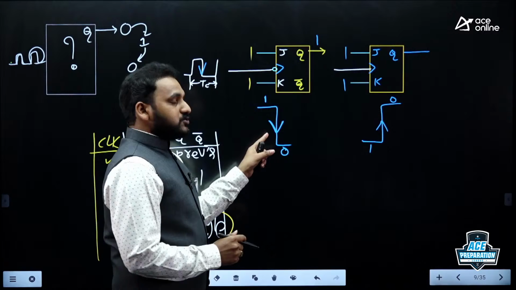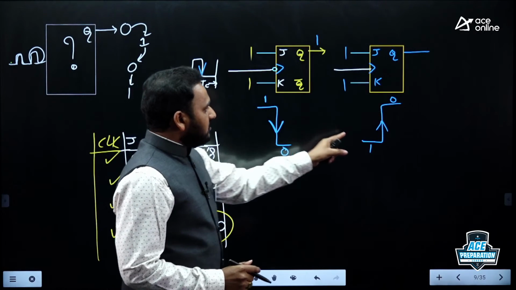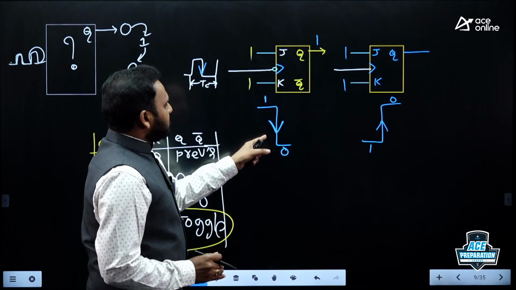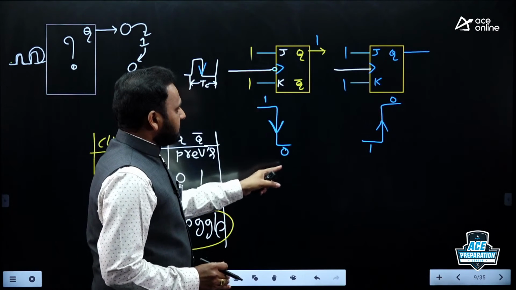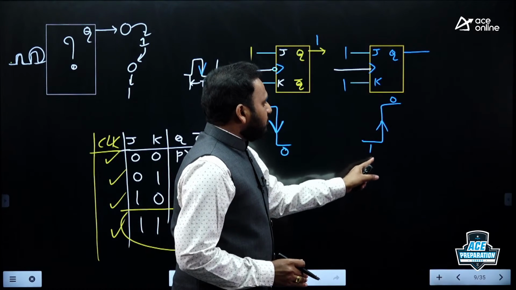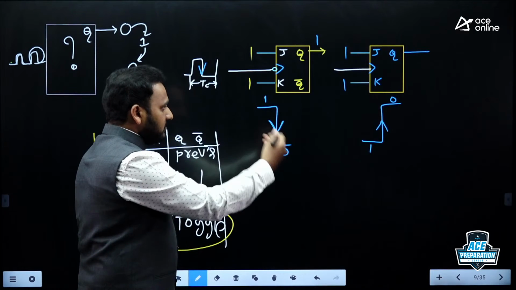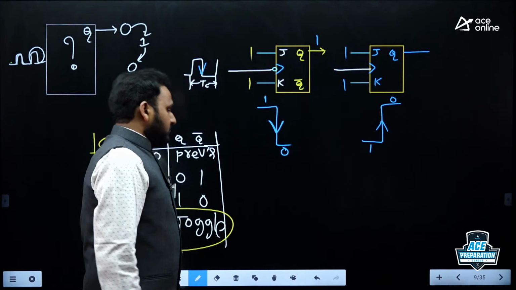This is a falling edge trigger and this is a rising edge trigger. Falling edge is also called negative edge triggered, and rising edge is also called positive edge trigger. Please remember this point, then only you can understand the next circuit operation. Okay, right.